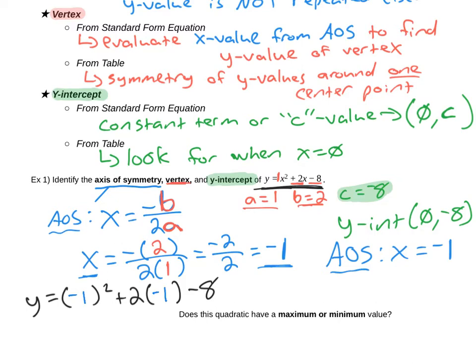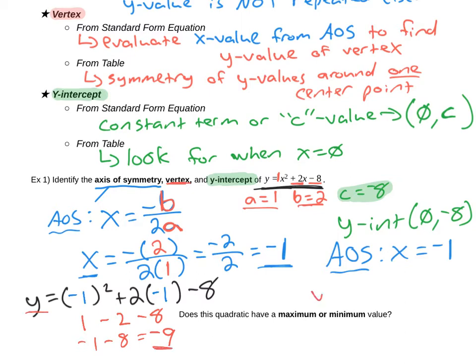Double check your math on the calculator, or double check my math, I should say. -1 squared is 1 plus -2, so -2 minus 8. That's -1 minus 8. Did you guys get -9? Yeah. Very good. Y value of our vertex is -9.